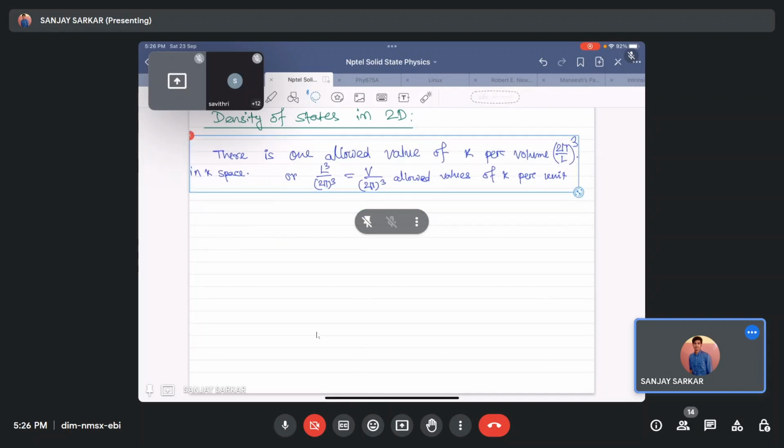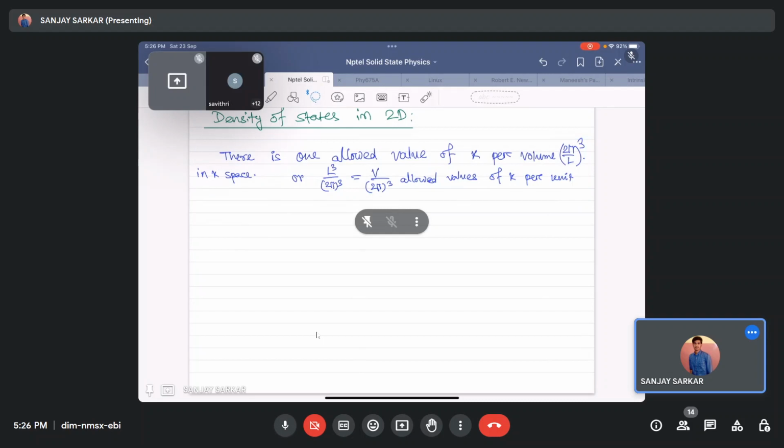So there is one allowed value of k per volume (2 pi by L) square.